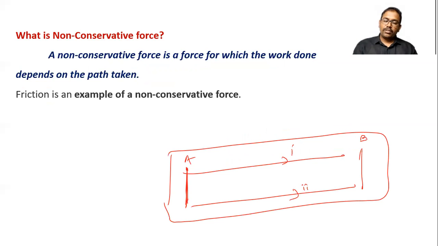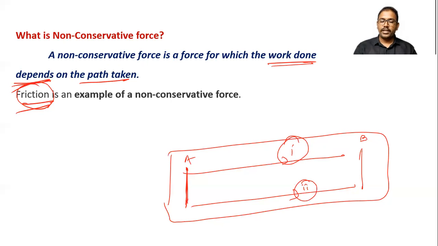In case of frictional force, the work done depends on the path followed. Maybe path one is smooth and path two is rough, so friction in both cases is different. So remember here, friction is a non-conservative force, and work done by a non-conservative force depends on the path.